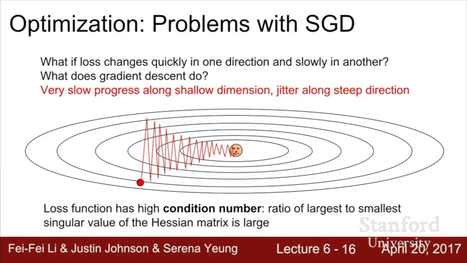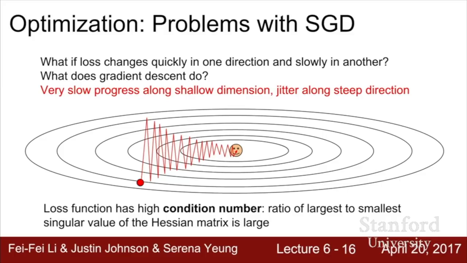So the question is, what might stochastic gradient descent do on a function that looks like this? If you run SGD on this type of function, you might get this characteristic zigzagging behavior, because for this type of objective function, the direction of the gradient does not align with the direction towards the minima.